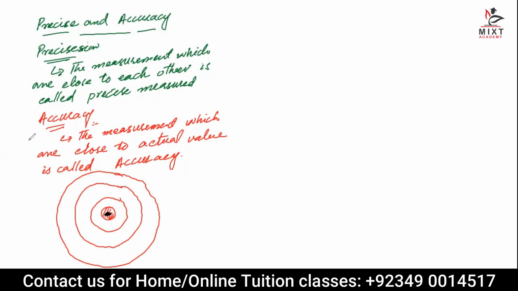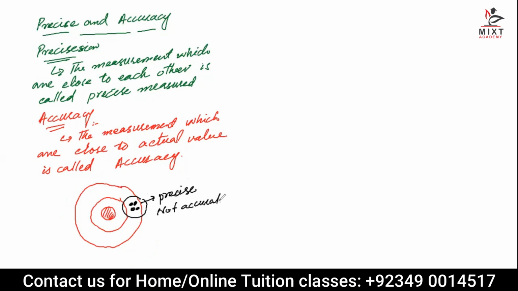You take the four shots, and your four shots land somewhere here. These are your four shots. So I will say that these four shots are precise because they are close to each other, but these are not accurate.